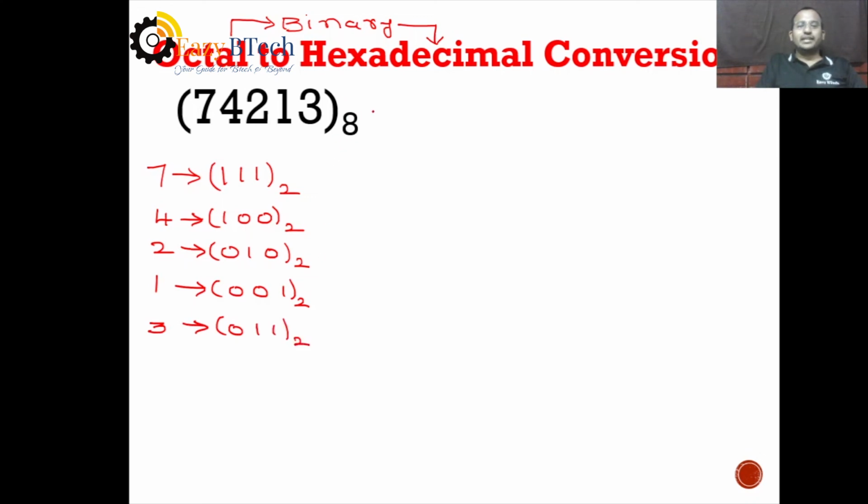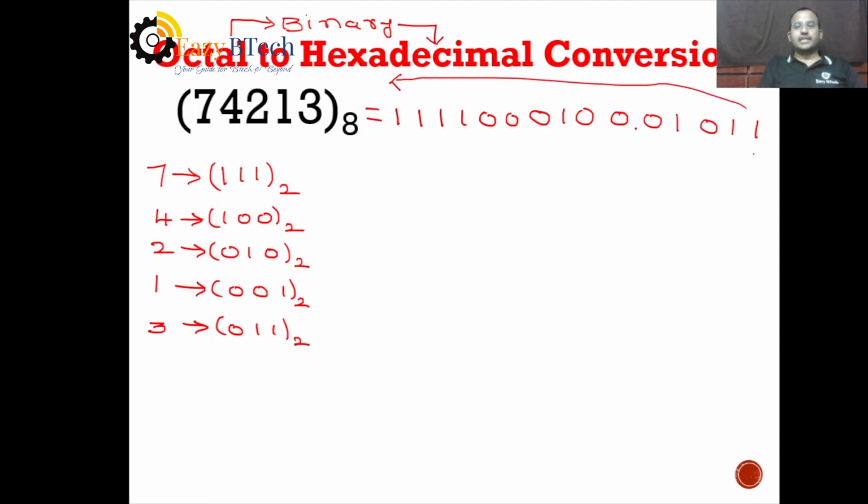Now first we will write the binary equivalent: 111, 100, 010, 001 and 011, right? Now scan the number from right to left, from LSB to MSB. Now group 4 bits.